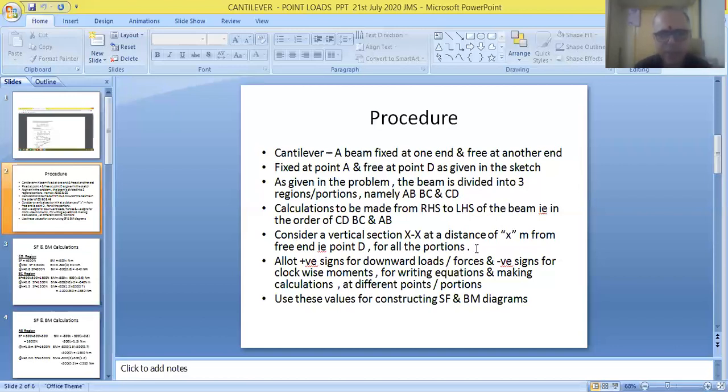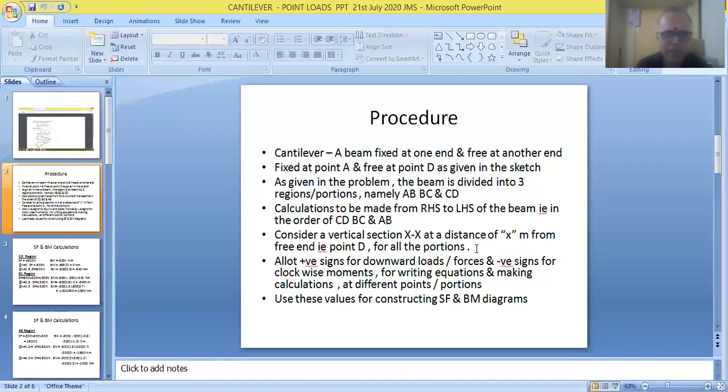So friends, this is very useful because unless you write equations, we cannot make calculations. Unless we make calculations, we cannot get the results, figures, values, answers. Unless you get the answers, you cannot construct shear force and bending moment diagrams.